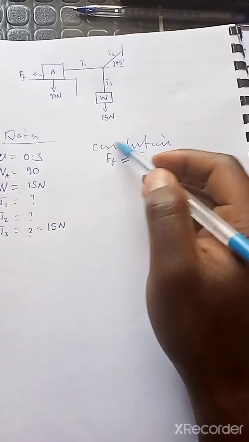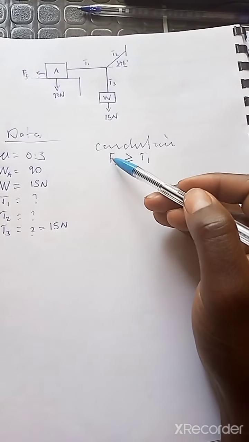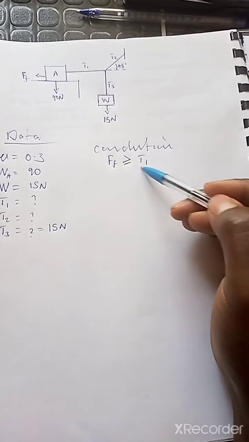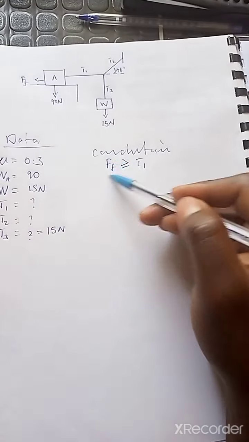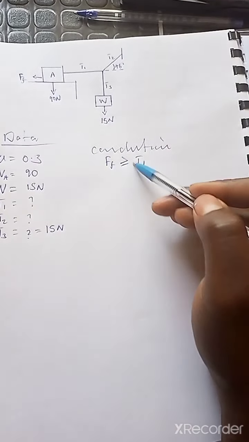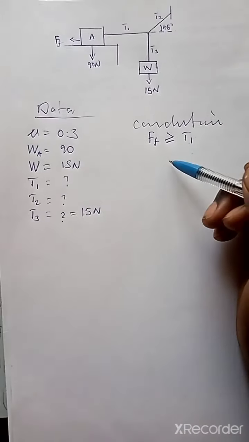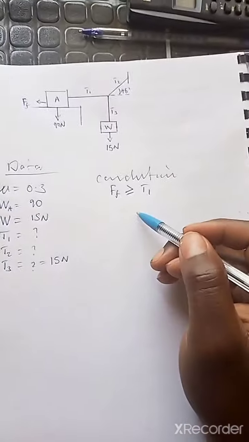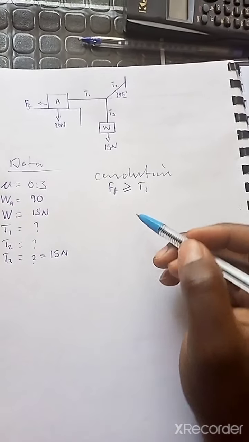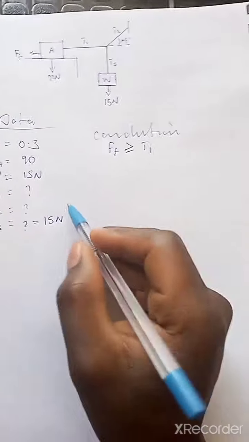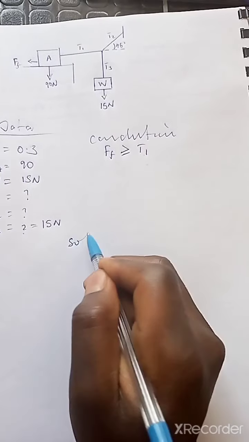You just have to find the values of the force of friction and also the value for T1. If the force of friction is equal to T1 or greater, then it shows that the weight of A is able to hold the system. Okay, so let's just say solutions.